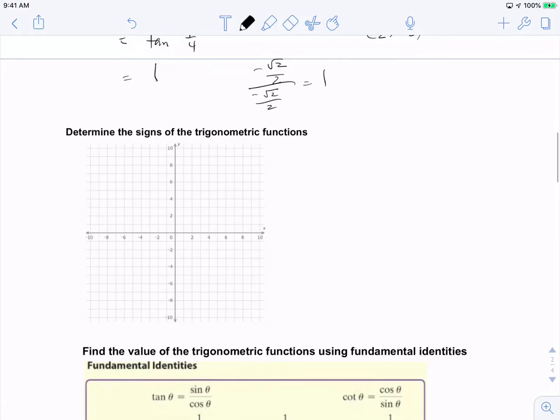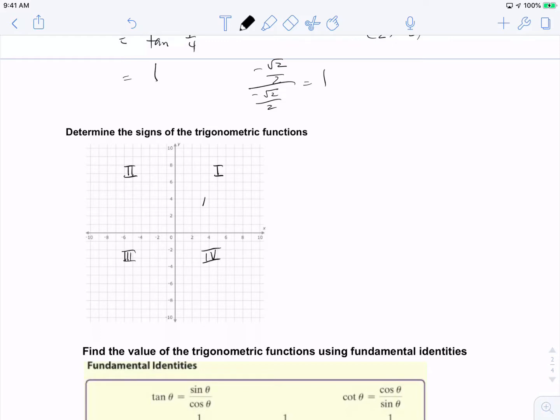Now to determine the signs of these trigonometric functions, something one of my teachers told me years ago, let's just label these real quick: quadrant 1, quadrant 2, quadrant 3, and quadrant 4.